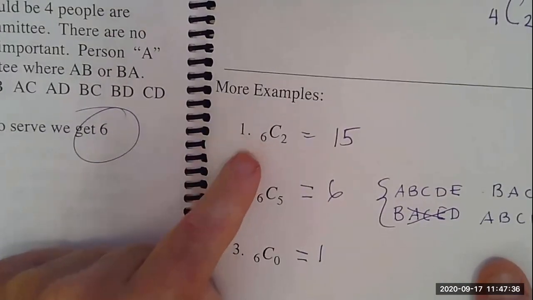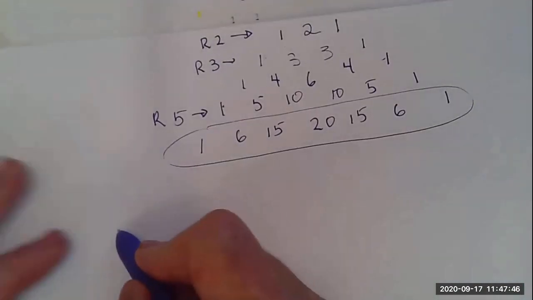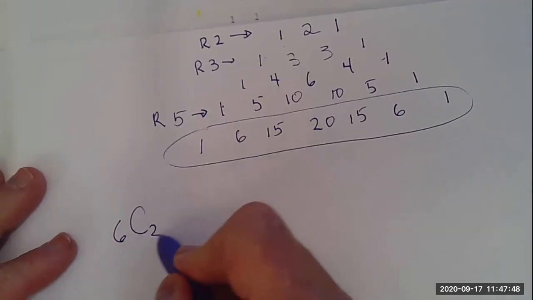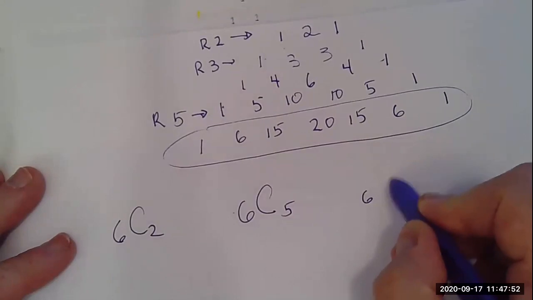You got 6 choose 2, 6 choose 5, and 6 choose 0.